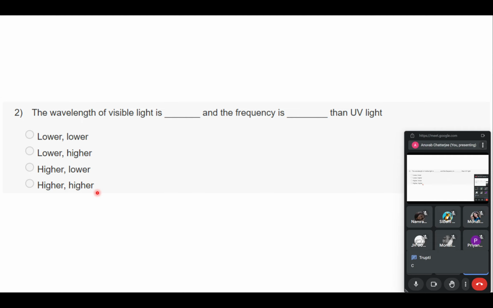Trupti says it is C. Wavelength of visible light is higher and frequency is lower than UV light. Kamlesh also says it is C. Lisa also says it is C, higher and lower. Shantipriya Jagruti also say it is C. Mona Lisa and Namrata also say it is C. Anyone else?